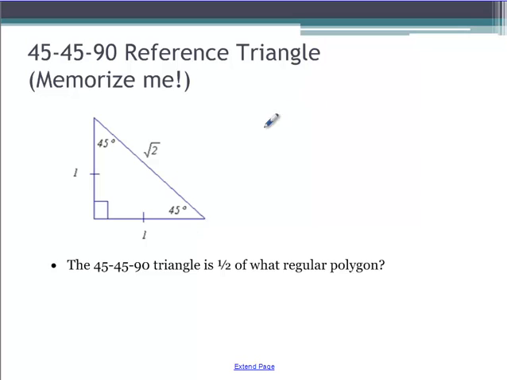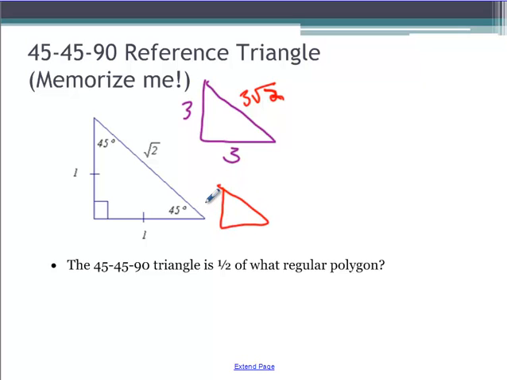This reference triangle is also going to be used with a similar triangle proportion because every 45, 45, 90 triangle, if I draw another one right here, and I call this 3 and this 3, I know this one has to be 3 square root of 2. Regardless of what it is, we could even draw one using x, x, x, and x square root of 2.